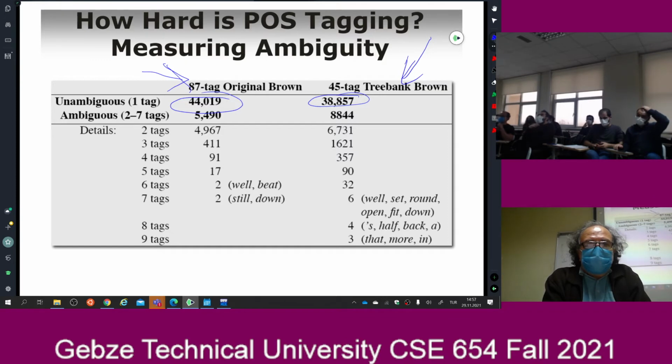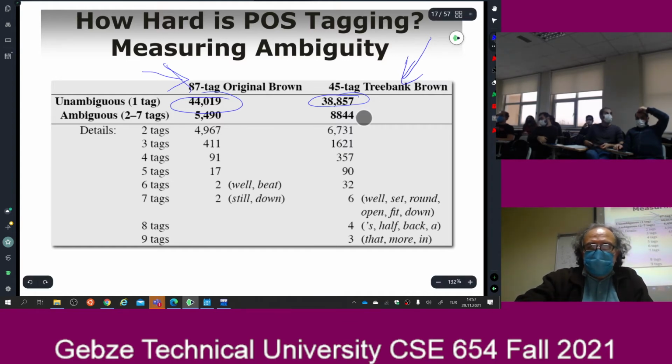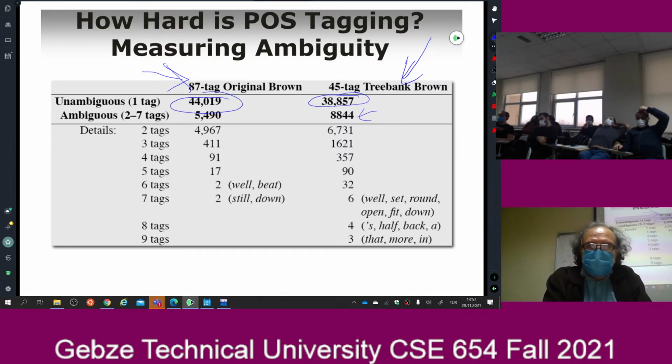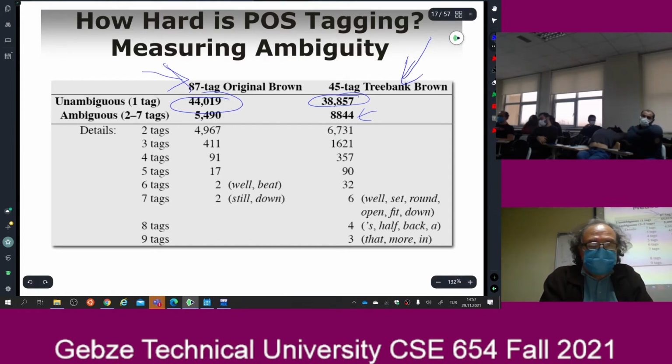And out of all these words, about 9,000 are ambiguous. There are 2 to 7 tags in them.